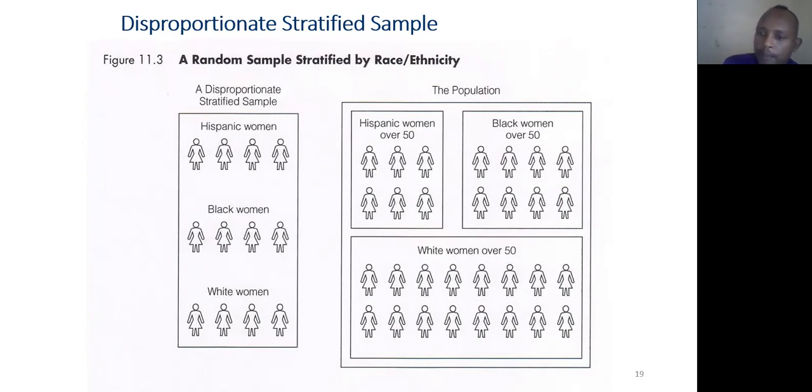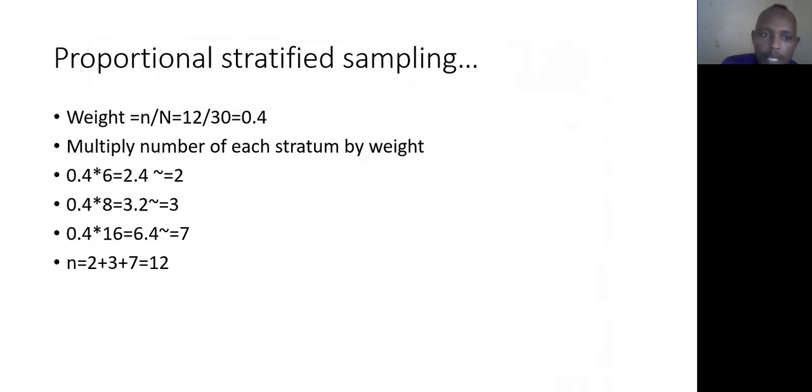They should have the same characteristics. For example, here all of them are Hispanic, the same characteristics. In another stratum, all are black women. Here all of them are white women. That is the basic point to use the stratified sampling method.